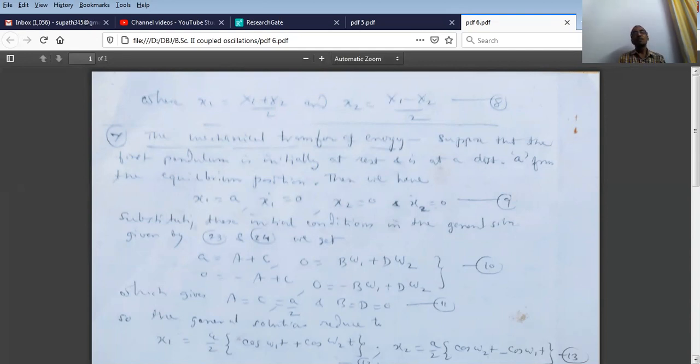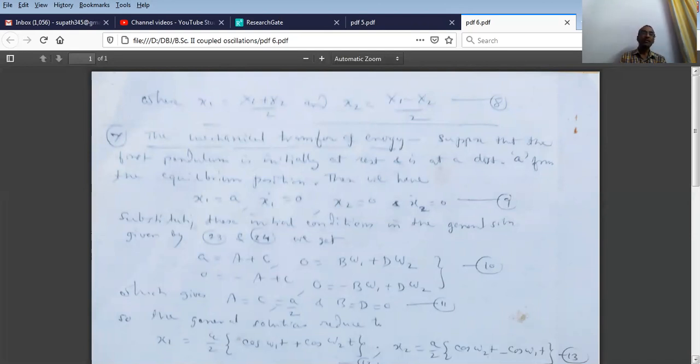Substituting these corresponding conditions in the general solution in equation 20 and 23, we get what? A equal to a plus c, 0 equal to minus a plus c, and 0 equal to b w1 plus d w2, and 0 equal to minus b w1 plus d w2.